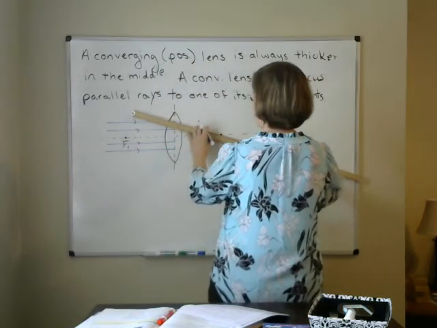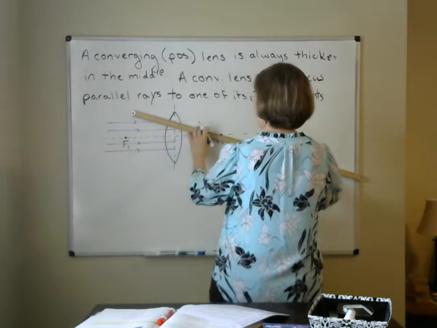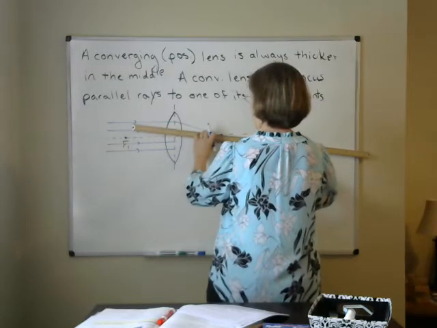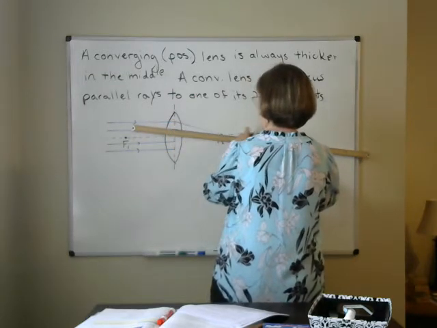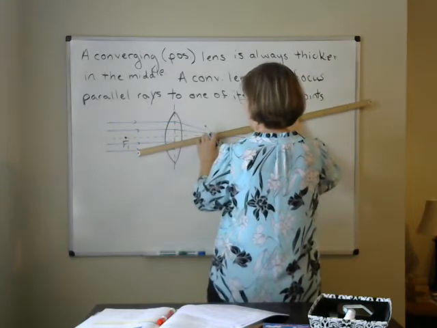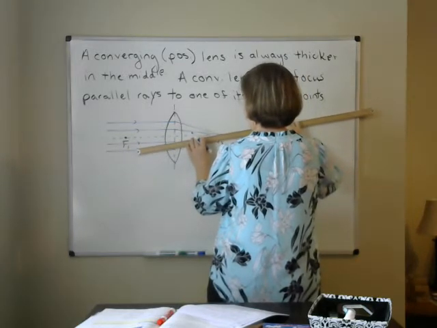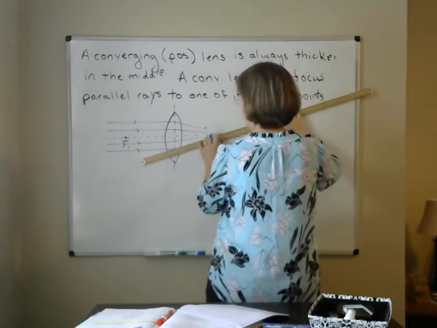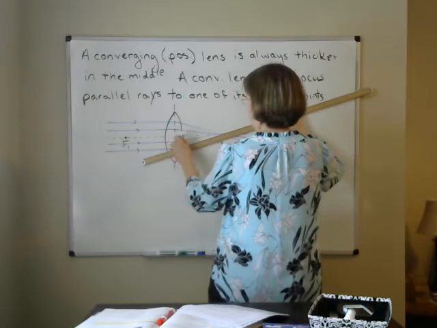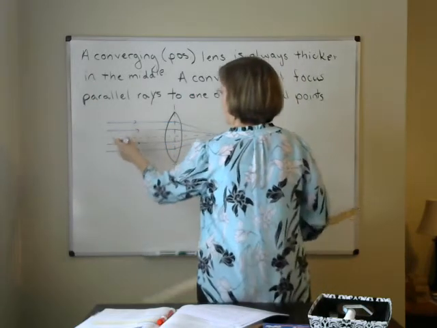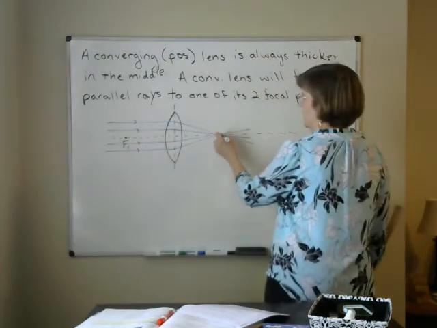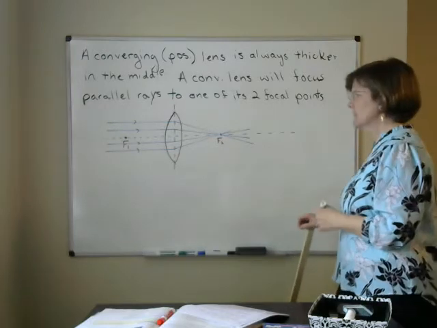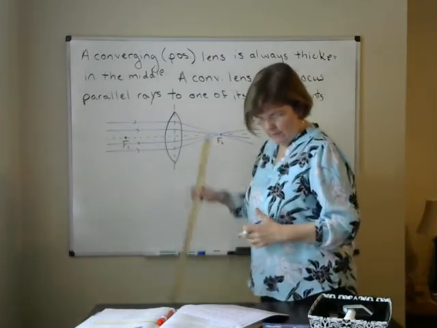All of those rays, when they go through that lens, will refract so that they go right through this focal point. Obviously, if we had a ray that was actually on the axis, it would go through without being bent. That's why we call it a converging lens. It takes parallel rays and converges them to a single point. Okay?